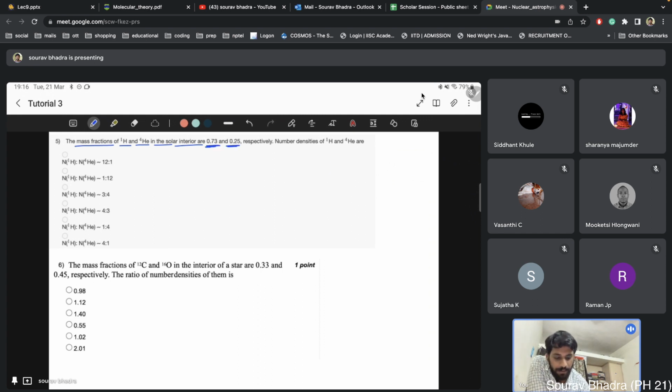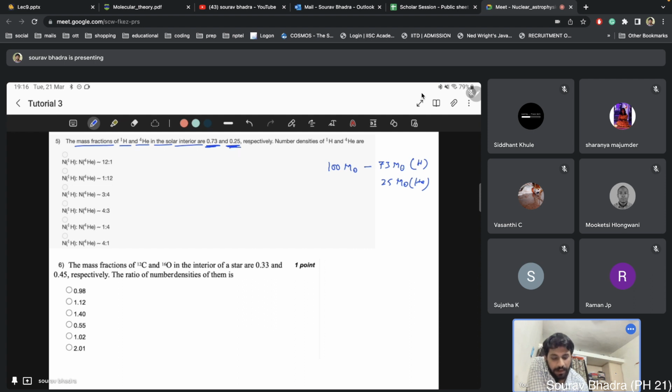That means if you have a 100 solar mass object, 73 solar mass is in hydrogen and 25 solar mass is in helium. 73 plus 25 is 98, so 2 solar mass is in other elements.